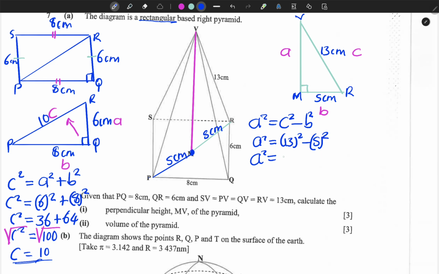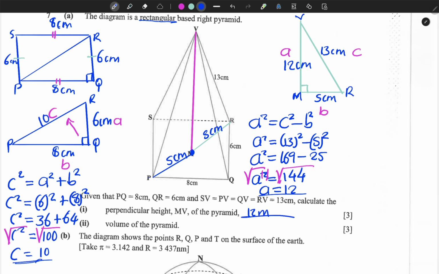A squared is equal to 169 minus 25. A squared is equal to 144. Then we take the square root on both sides. So A is equal to 12 as our perpendicular height, 12 centimeters. So this is the answer for Roman number 1. Here it's just 12 centimeters.